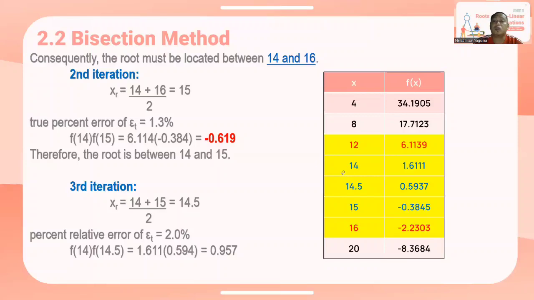So function of 14 times the function of 15, we get negative 0.619. Hence, the product of these two functions is less than 0. Therefore, we can say that the root is between 14 and 15.